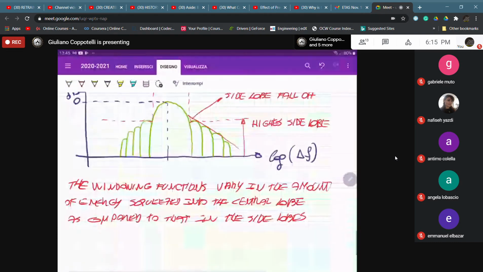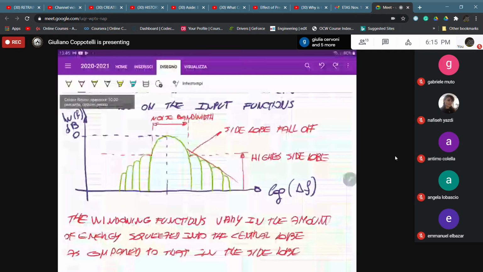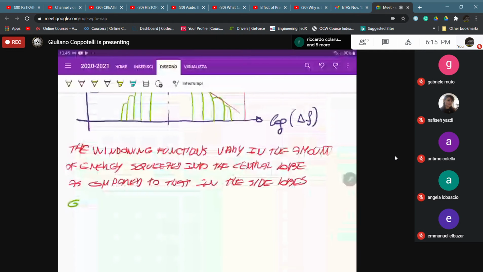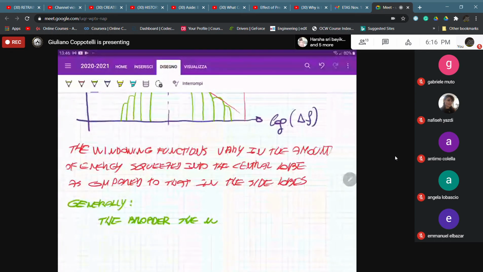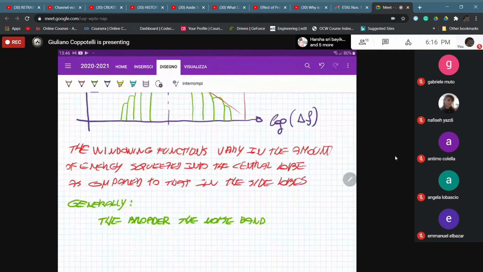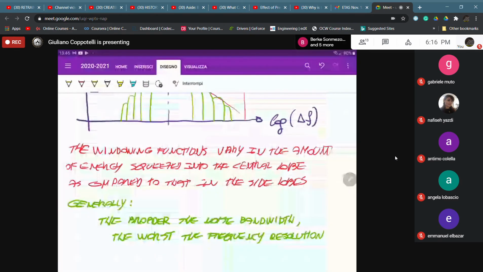What we can say is that the broader the noise bandwidth, the worse is the frequency resolution. Why is that?